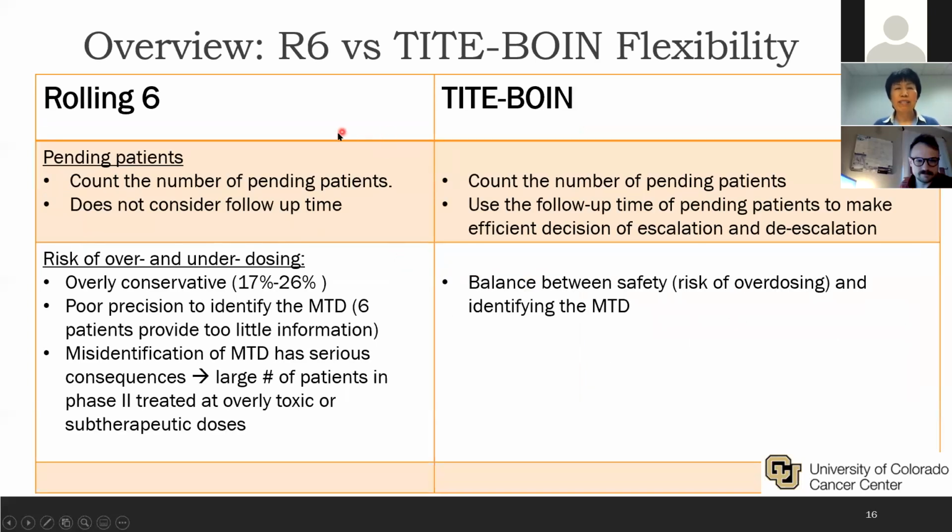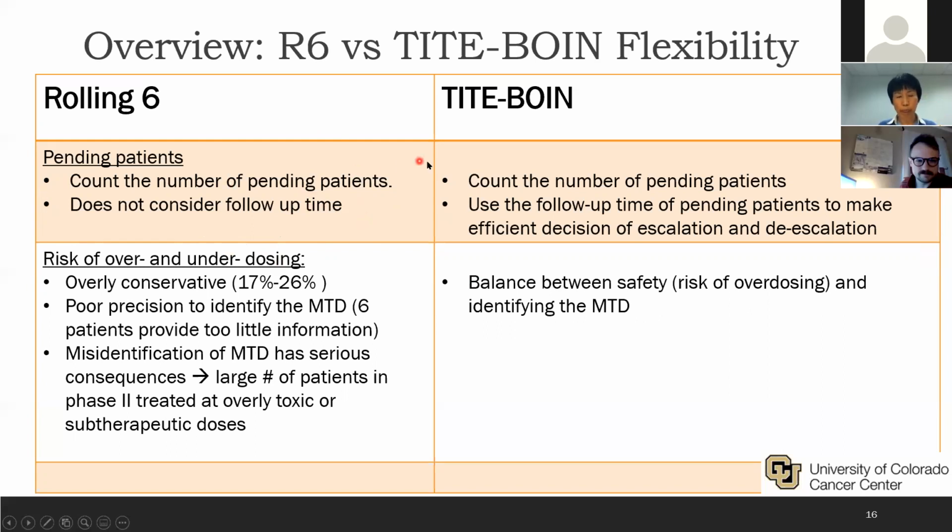As I mentioned, the rolling 6 and time-to-bound designs can both accommodate late-onset toxicity and accelerate the trials. The rolling 6 does that by counting the number of pending patients. However, it does not consider the follow-up time of the pending patients. We know the follow-up time actually contains rich information in terms of the DLT.